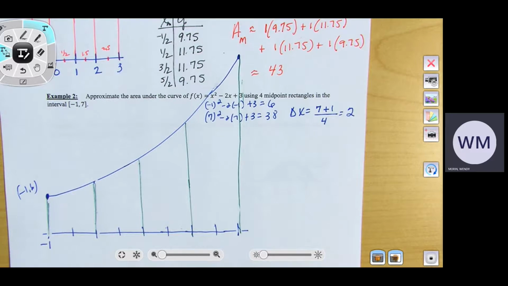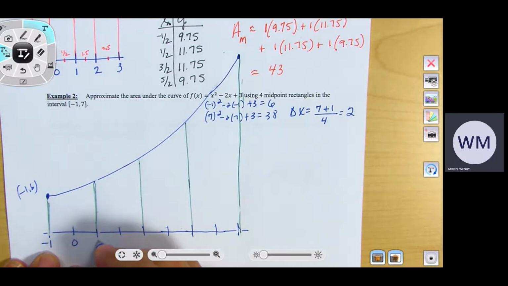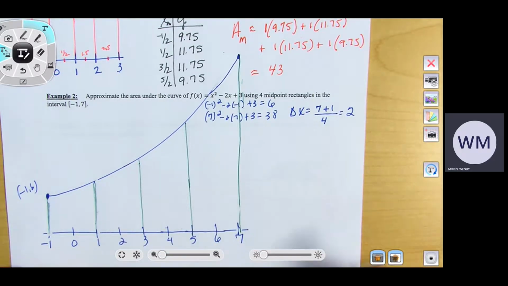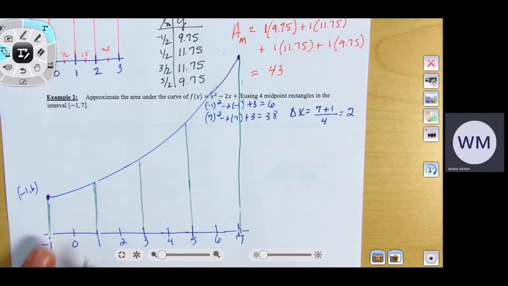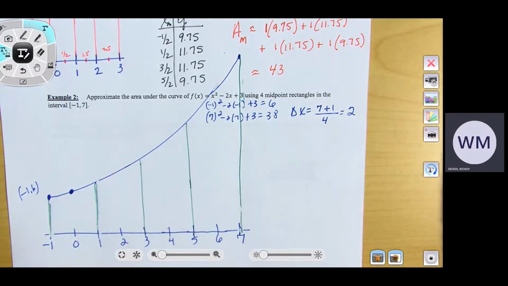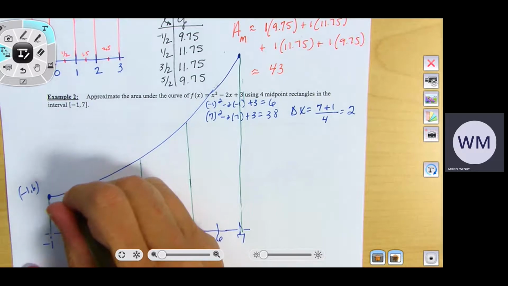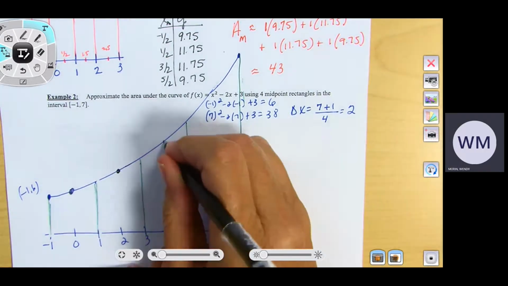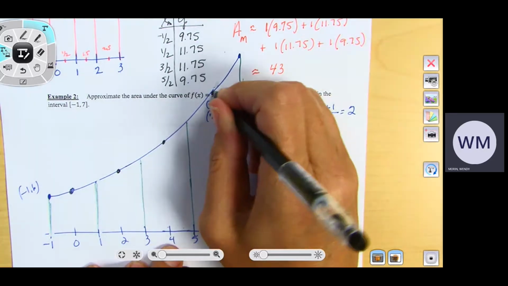I want to use my midpoint heights. So this is 0, 1, 2, 3, 4, 5, 6, and 7. The midpoint of this is here. The midpoint of this is here, here, and here.